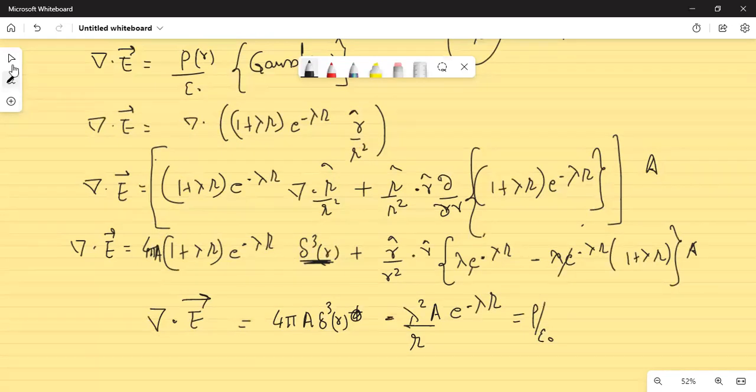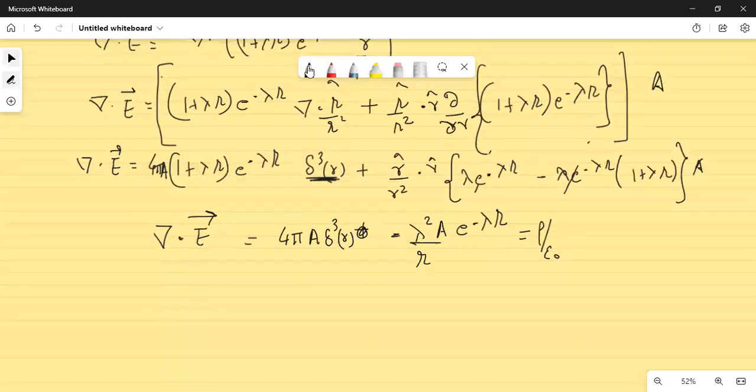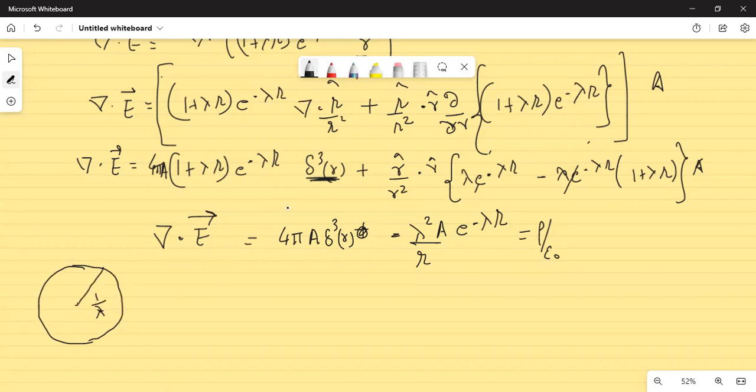Now, if you want to find the charge which is enclosed within the sphere of radius 1 by lambda, you can understand this because r equal to 0 is inside this particular radius.